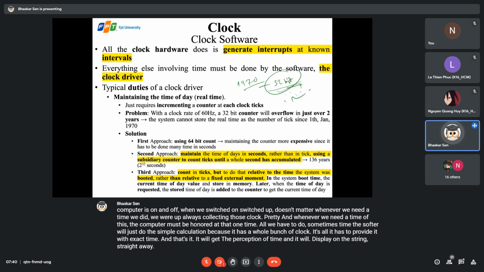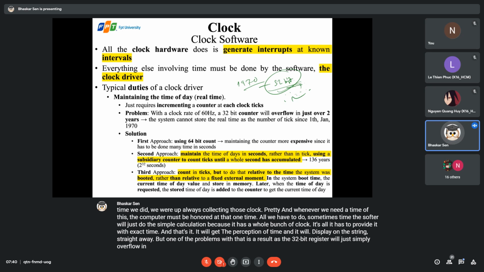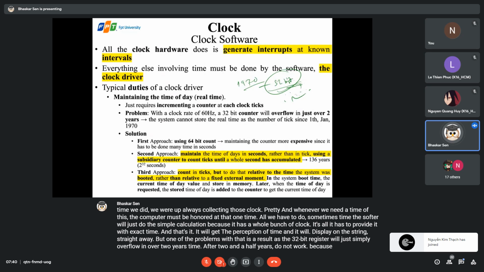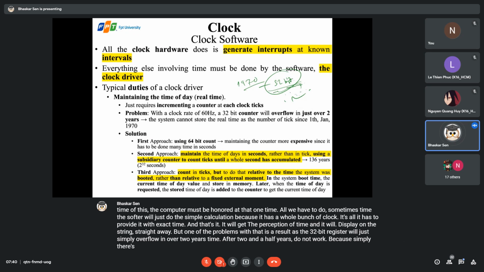But one of the problems with that is we saw that the 32-bit register will simply overflow in just over 2 years' time. After 2.5 years, it will not work because the 32-bit register has overflowed. So we tried to introduce a 64-bit counter, which is quite expensive and not a reasonable solution.